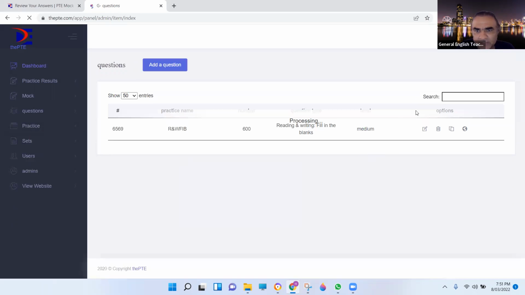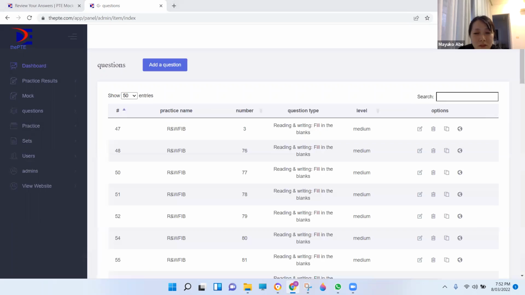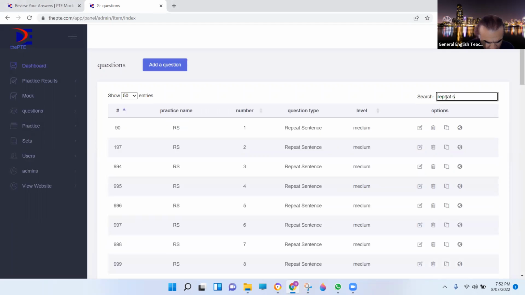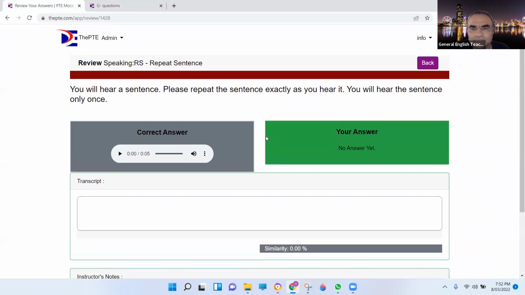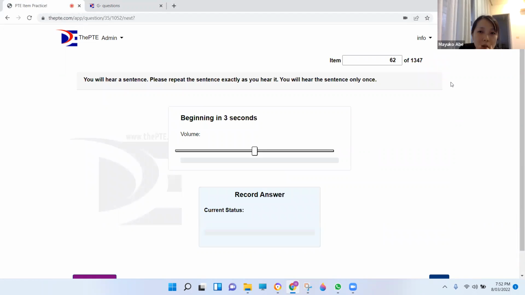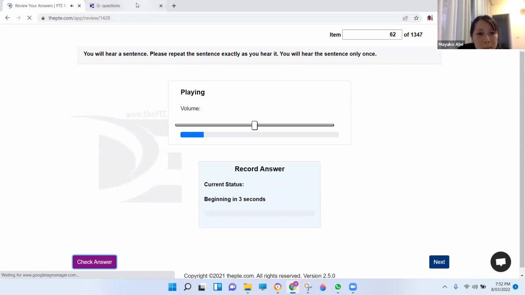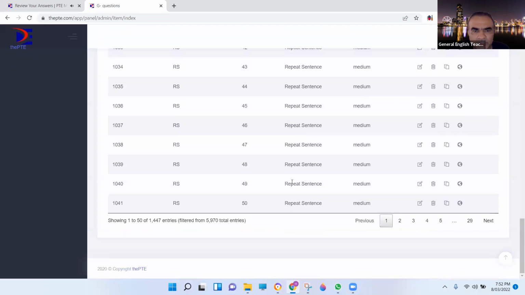Is that repeat sentence? Yes, it is. It's RS, number 62.